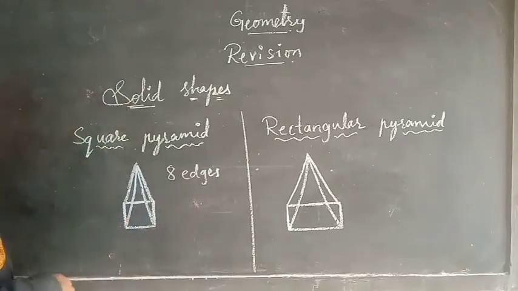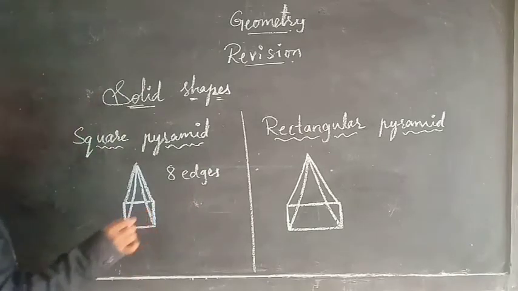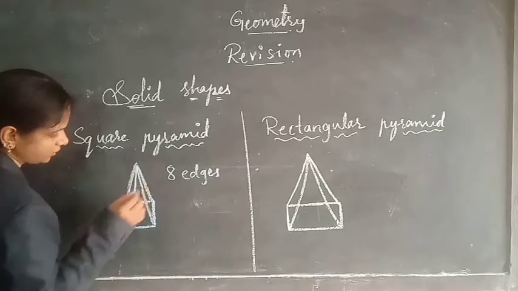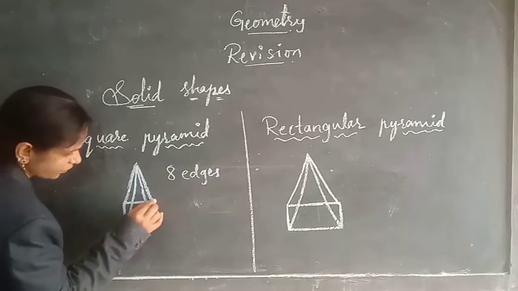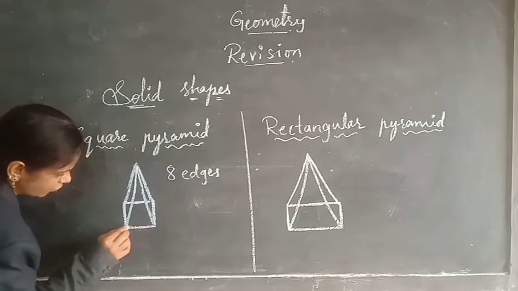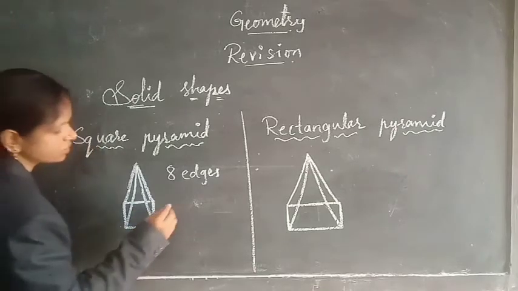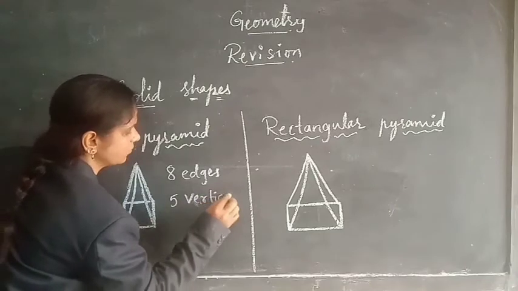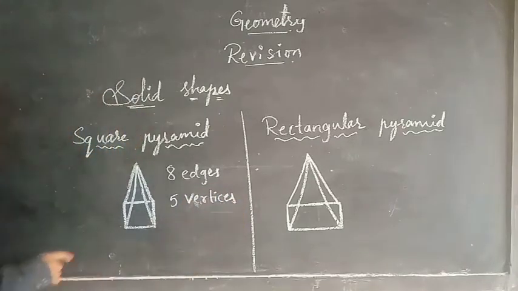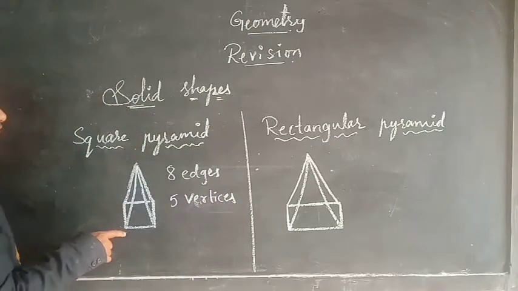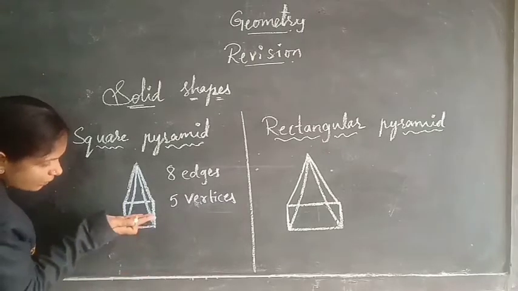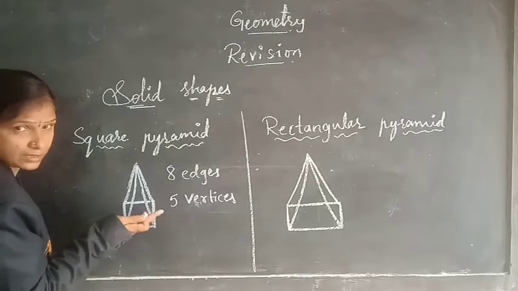A square pyramid has 8 edges. Let's count the vertices here. 1, 2, 3, 4, 5. So it has 5 vertices. Vertices are corners. And it has one base, which is one flat face.